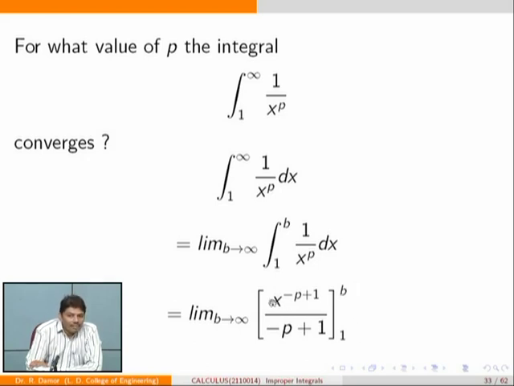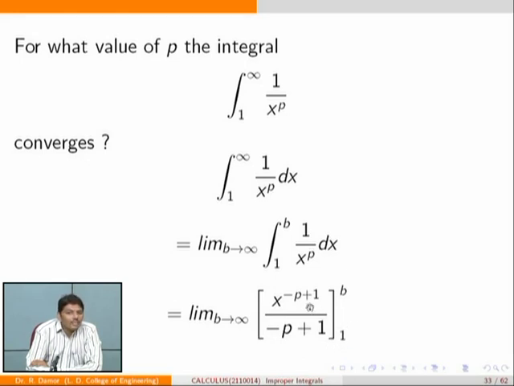Whenever I have to put x equal to b, this is nothing but b to the power minus p plus 1 upon minus p plus 1, minus, putting x equal to 1, 1 to the power minus p plus 1 upon minus p plus 1. So 1 to the power any power, positive or negative, is always 1.